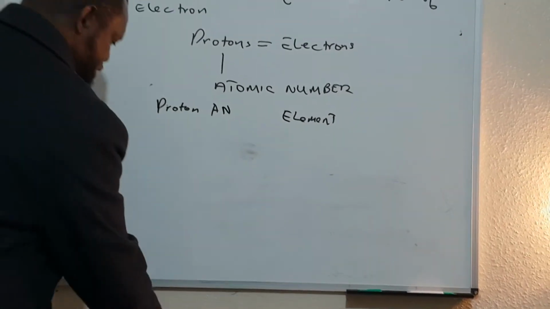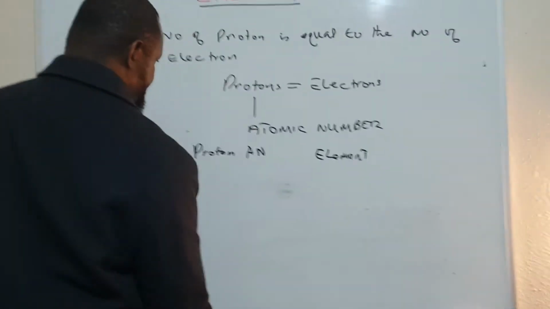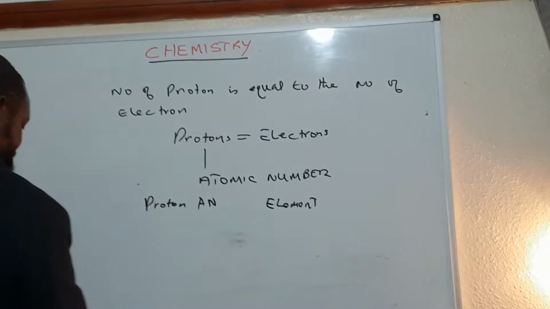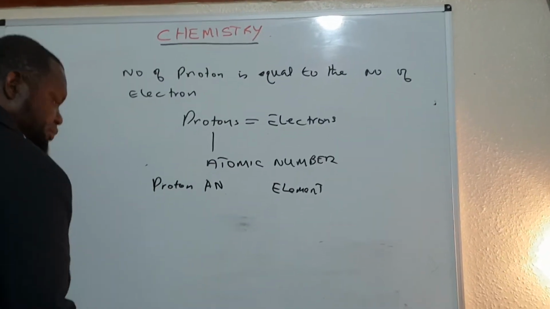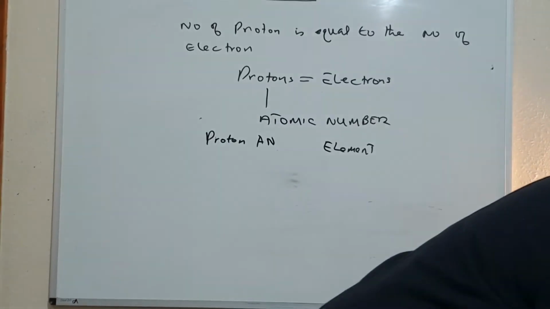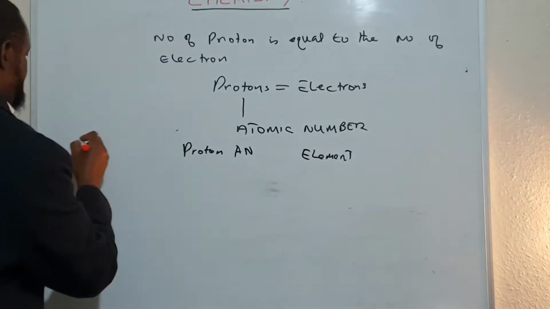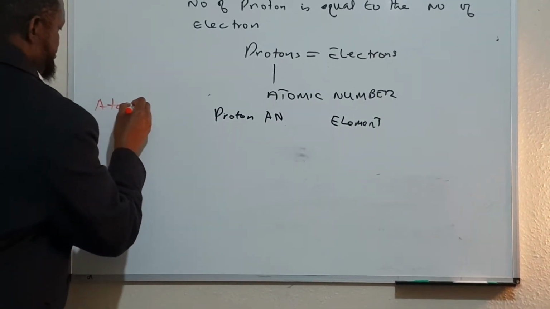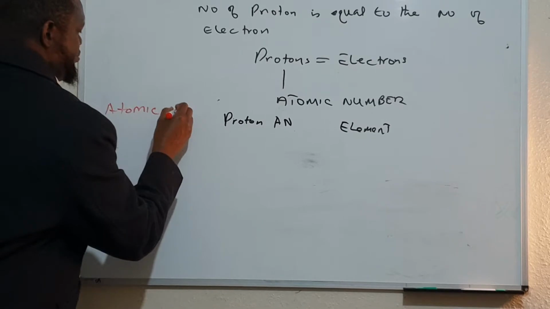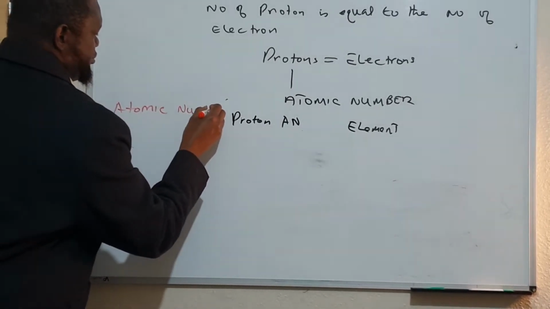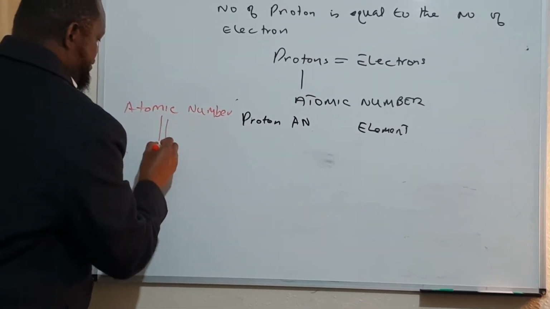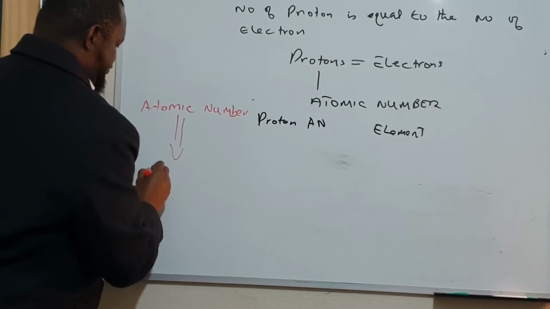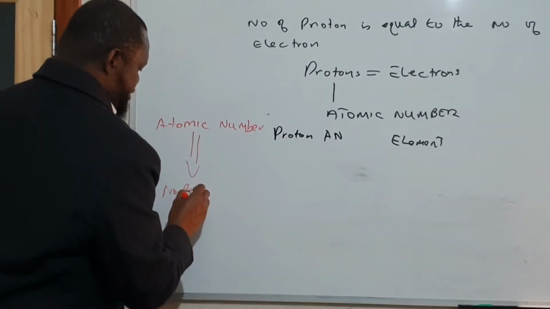So the atomic number is equal to the number of protons in it.